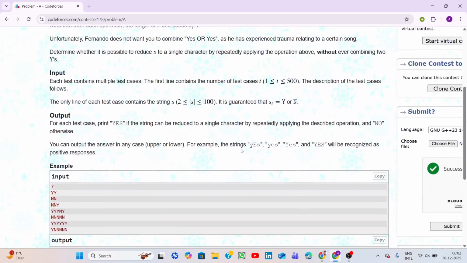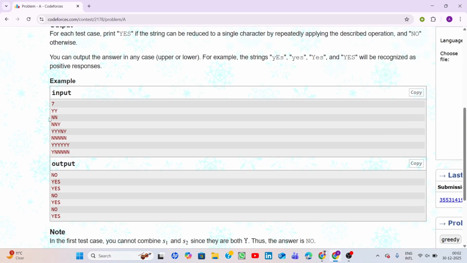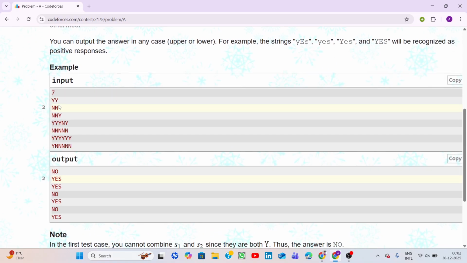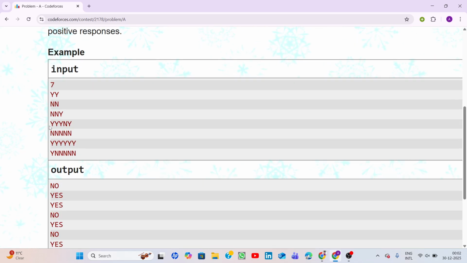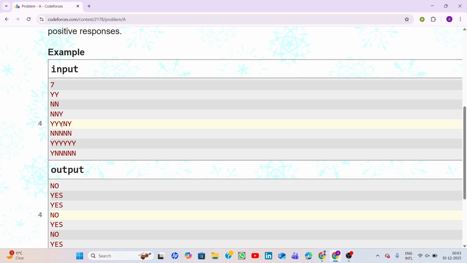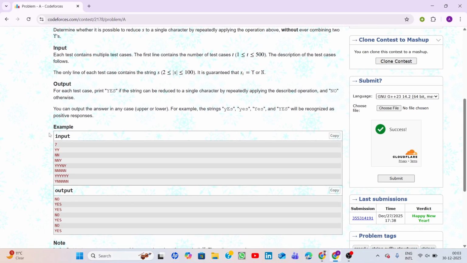In this question, we are given a string, and we are asked whether we can combine two consecutive Y's or not. If we can combine two consecutive Y's in the string, then the answer will be no, else the answer will be yes.